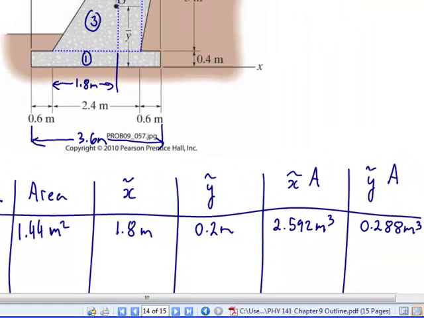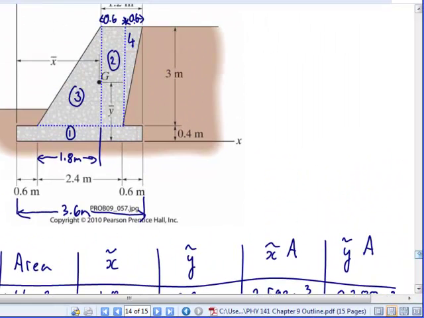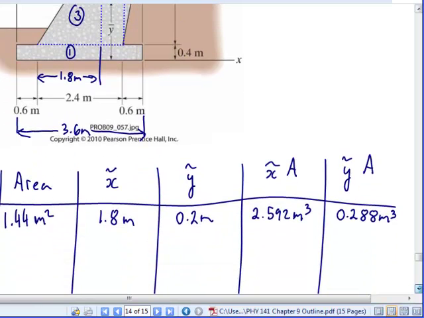Okay, section 2 is the rectangle here in the middle. So it has a height of 3 meters and a width of 0.6. So that'd be 1.8 meters squared.